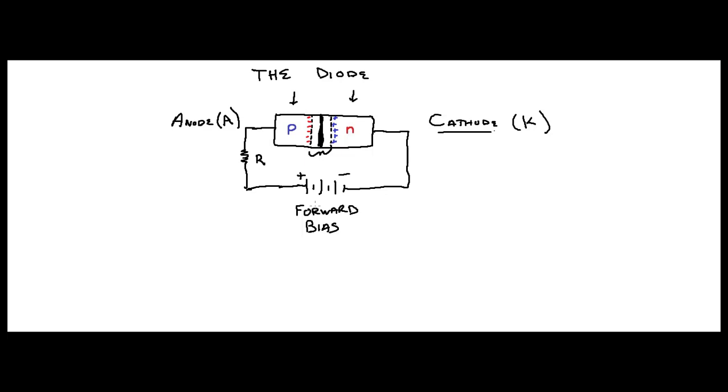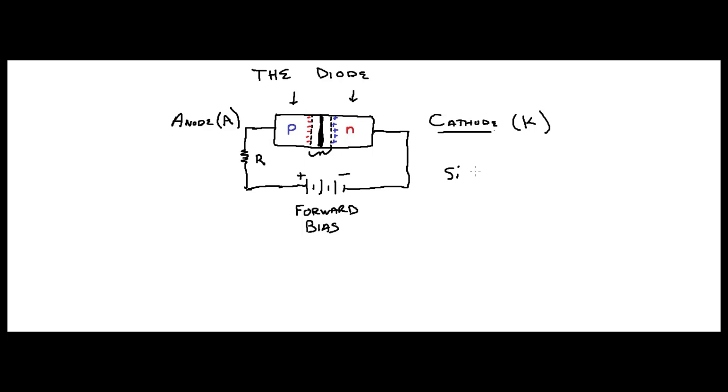Now let's be clear about this. Remember what we said. We have a barrier potential here, don't we? So we have to have enough pressure. I call voltage pressure. The voltage of the forward bias must be greater than the barrier potential. If this diode is made of silicon, I'm going to draw it over here, just silicon.